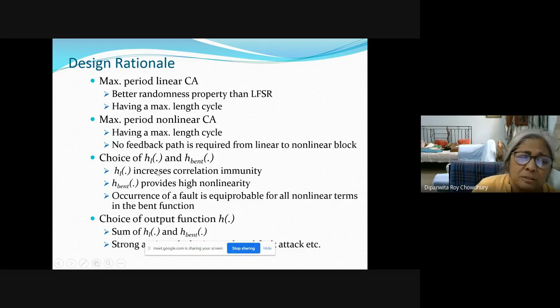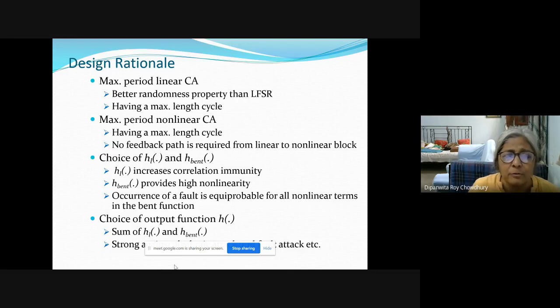And the occurrence of a fault is equiprobable for all nonlinear terms in the bend function, which is very important. That's why we have changed our combiner function.